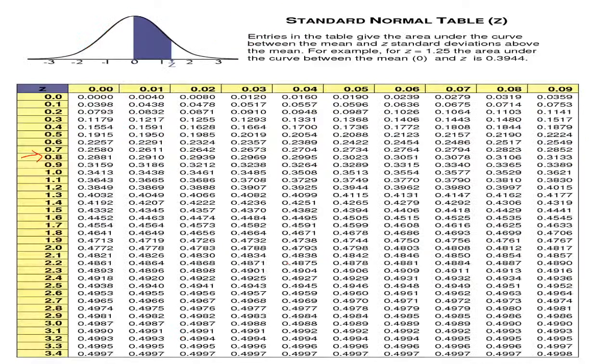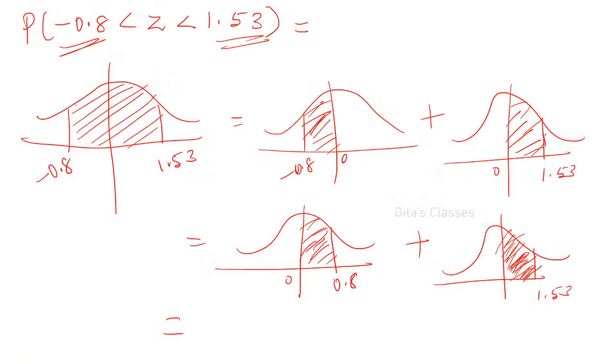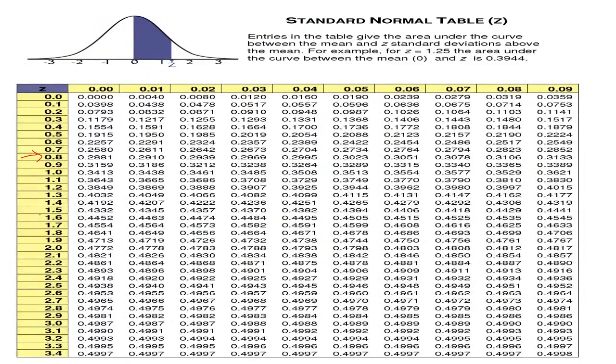Please find out the values for 0.8 and 1.53 from the table. The table is visible on the screen. Please find them and tell me the values. Post the values quickly.